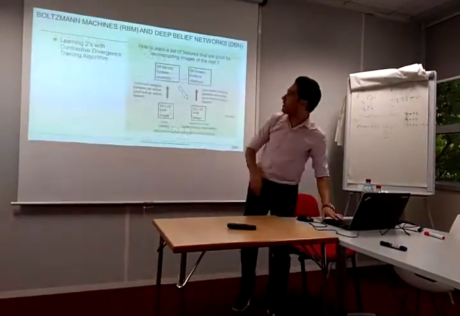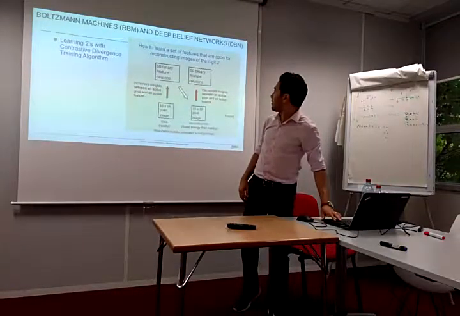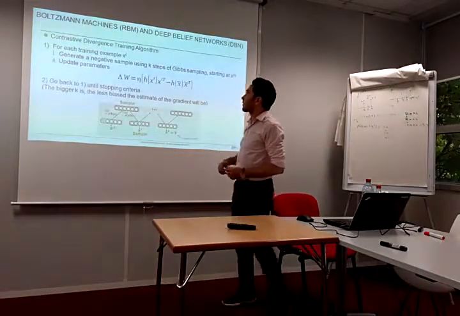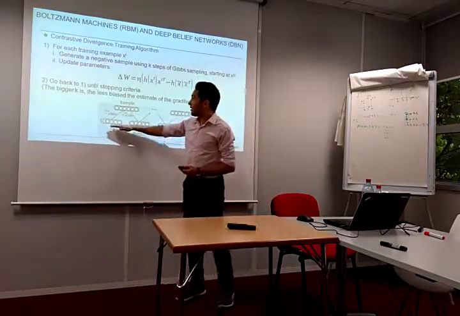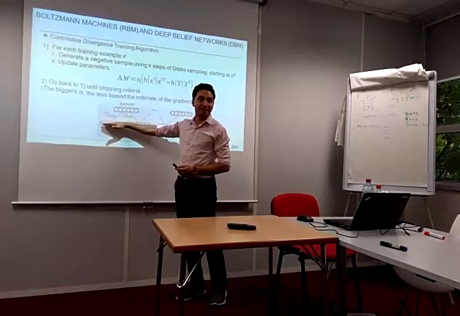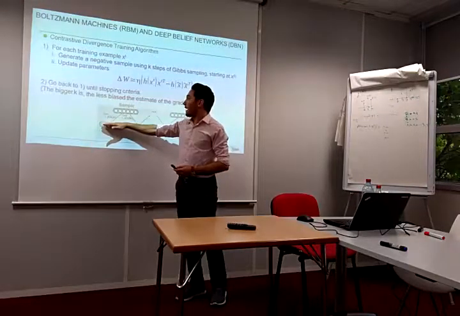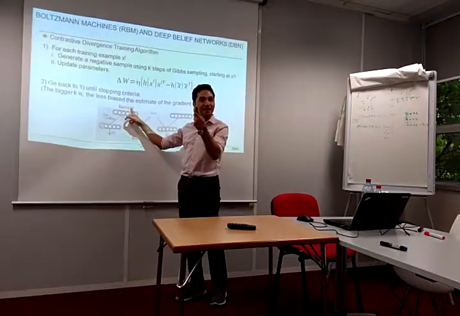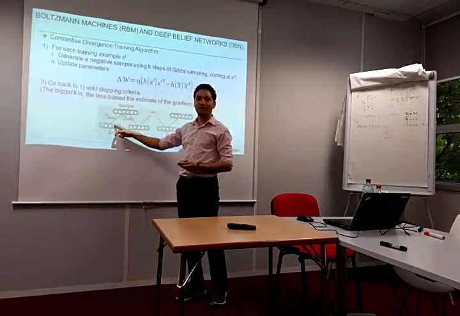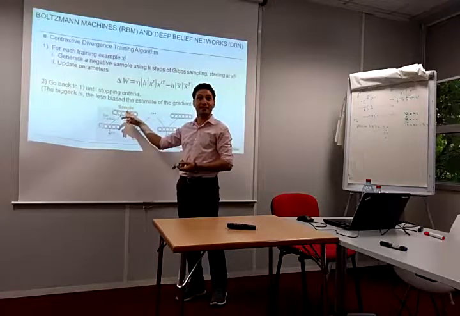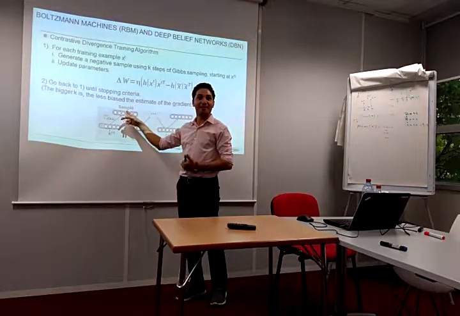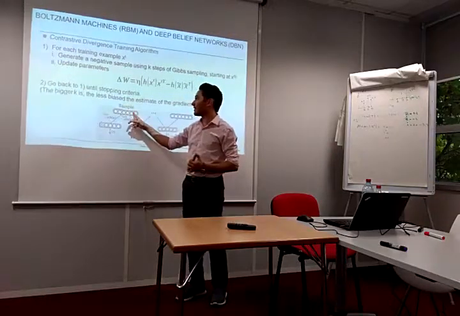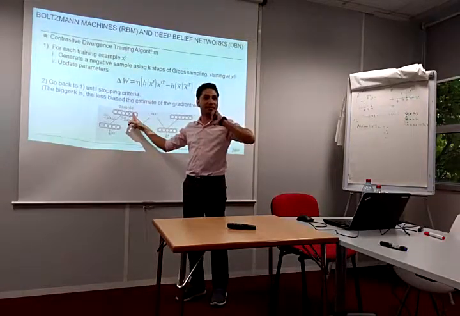I think I have a slide for this. Okay. So we will input the training image. And using this, we can get P of H given X. We put X. Can we calculate P of H given X? How? It is a sigmoid, so we can calculate it. Let's sample from this sigmoid.